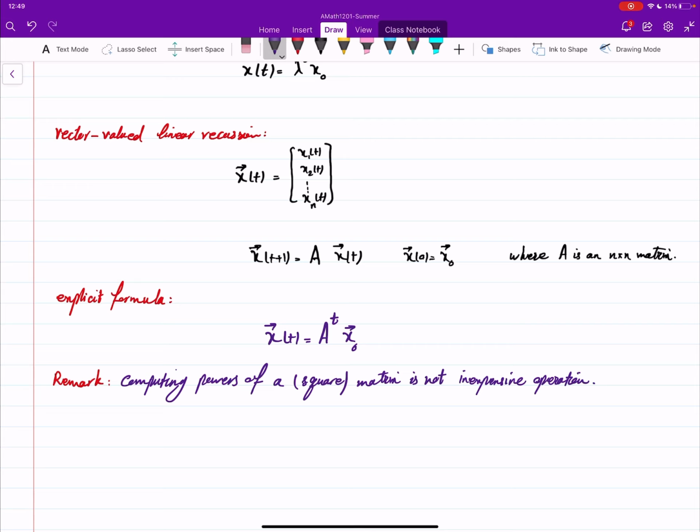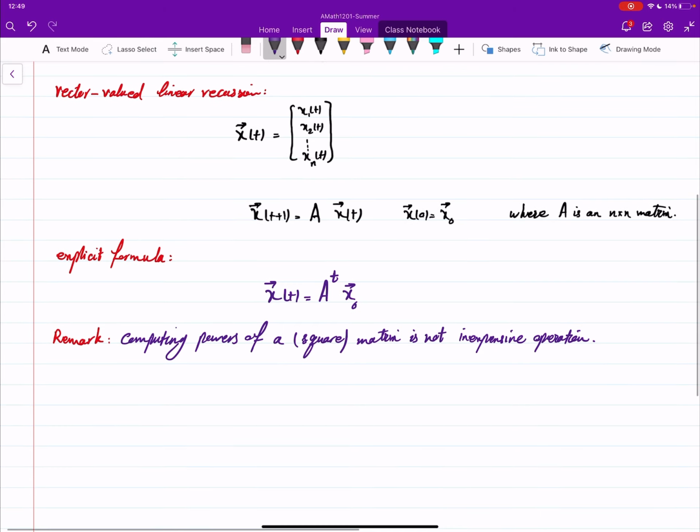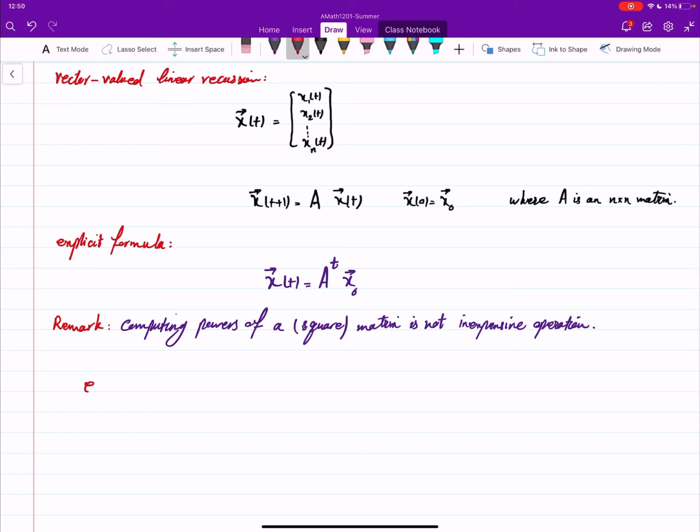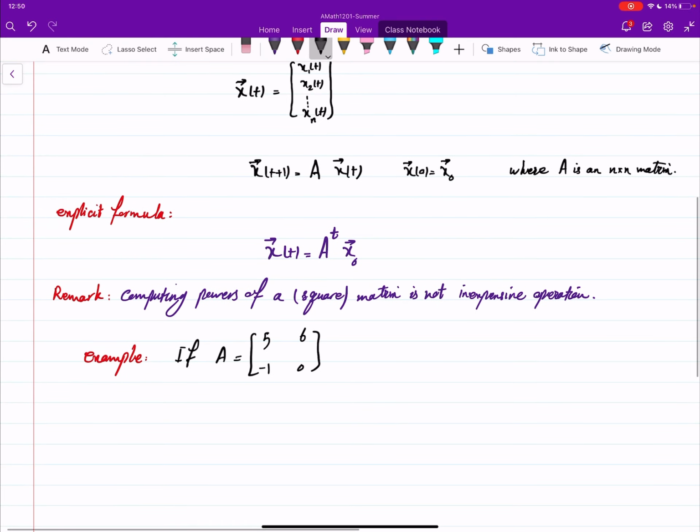If my matrix A is given and it is 5, 6, negative 1, and 0, then try to find A squared or A cubed or, in general, A to the power t. What is the formula for A to the power t?